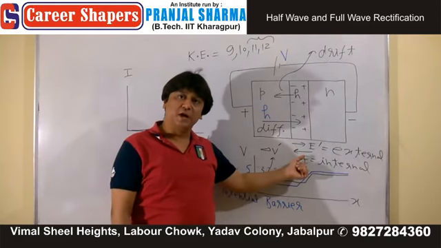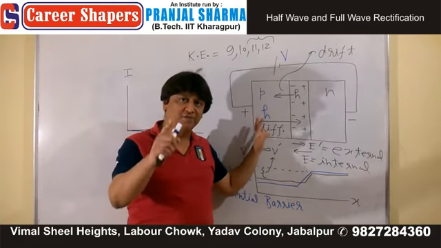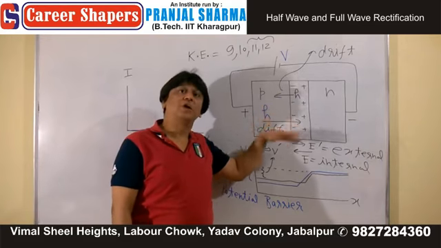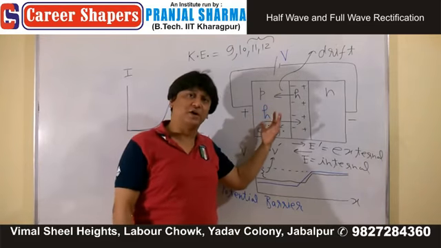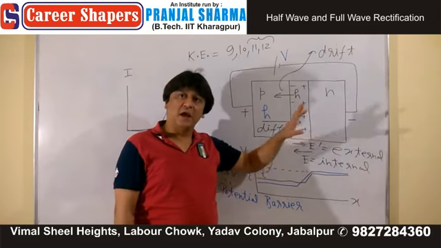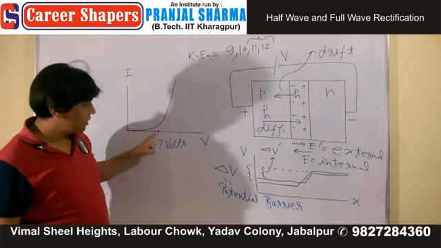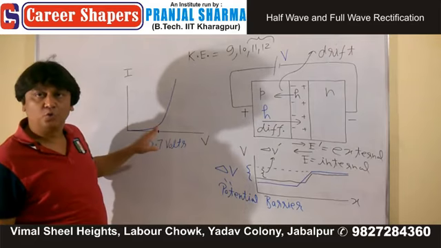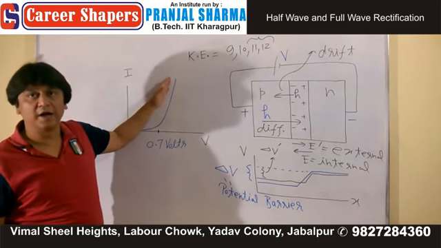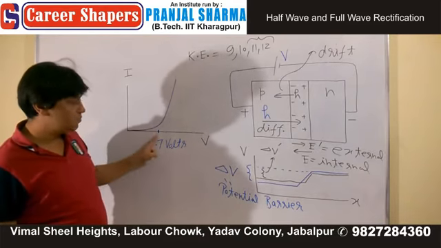The moment the depletion layer is gone, there is no electric field left which can stop these holes, or the other holes with less kinetic energy, from moving from side P to side N, and therefore any small increment in voltage will result in a tremendous increase in the current flow. That's what is explained at 0.7.